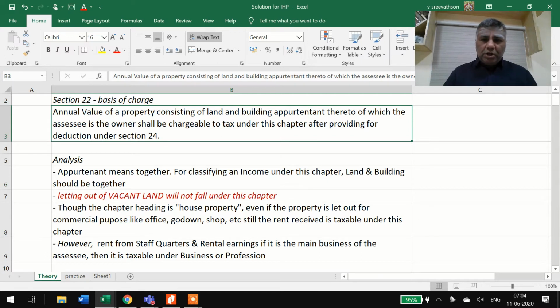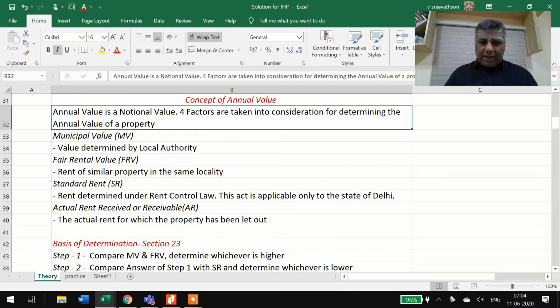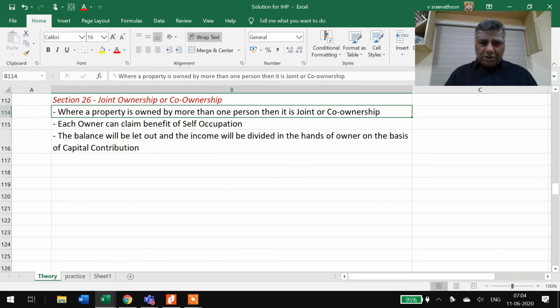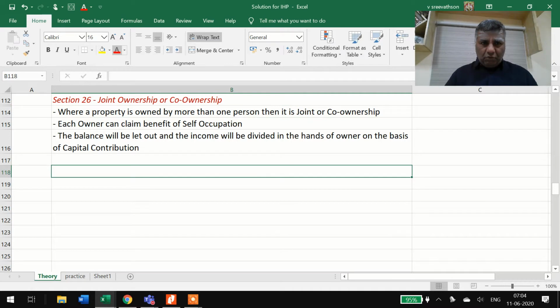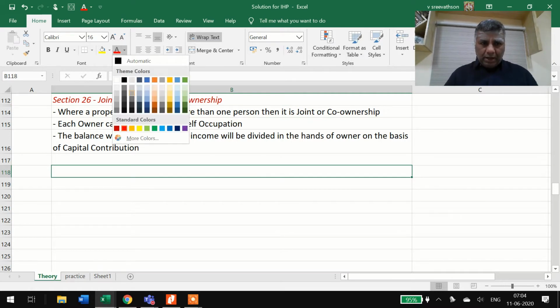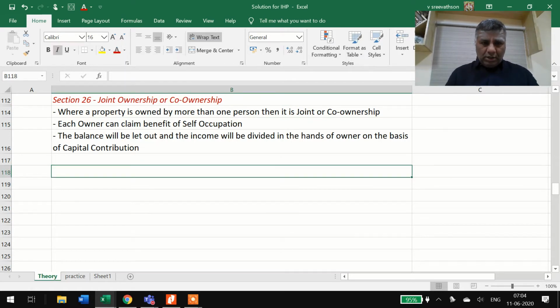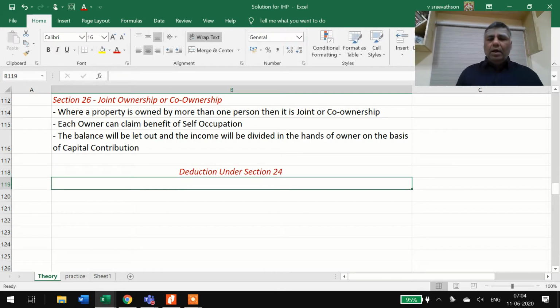It shall be chargeable to tax under this chapter after providing for deduction under section 24.